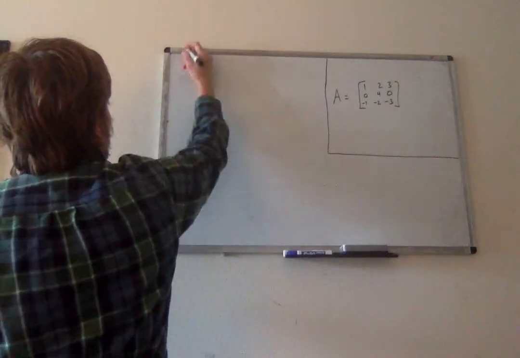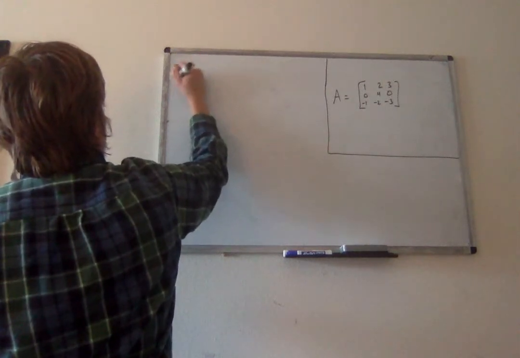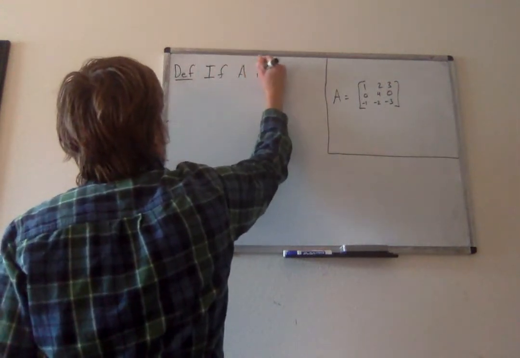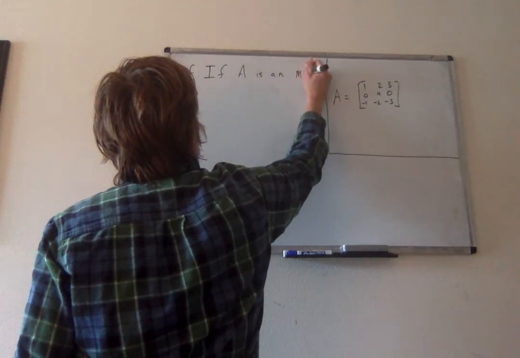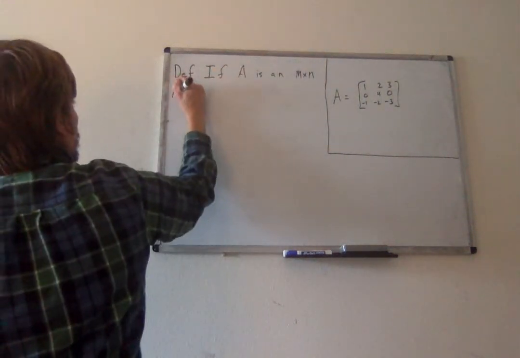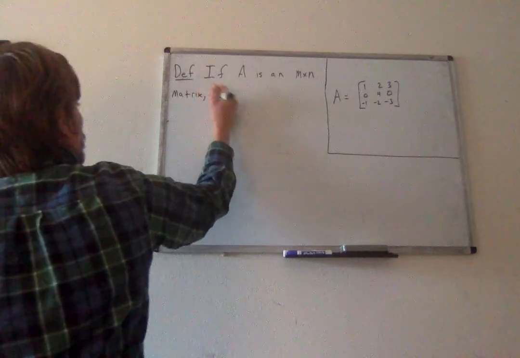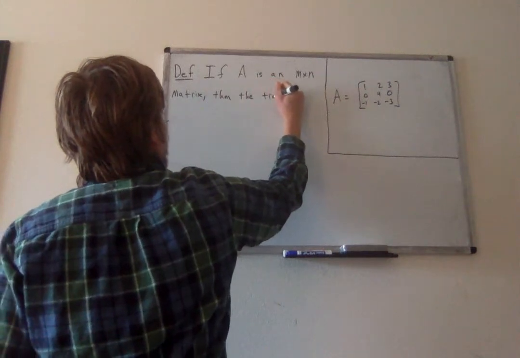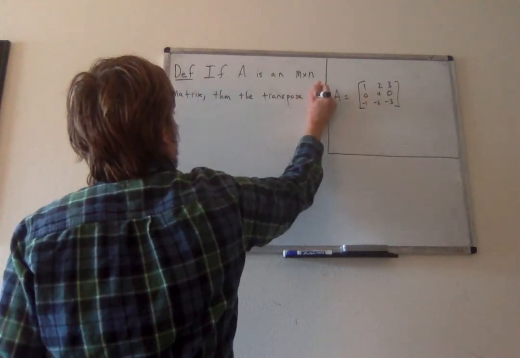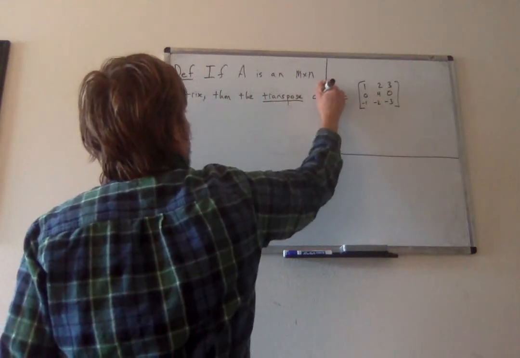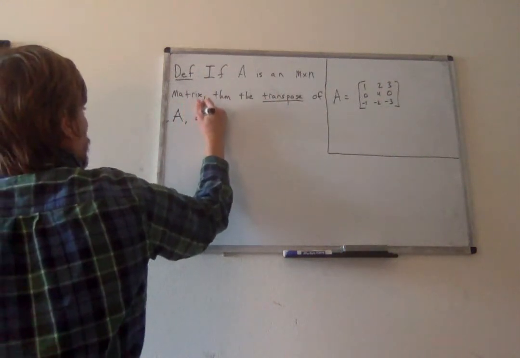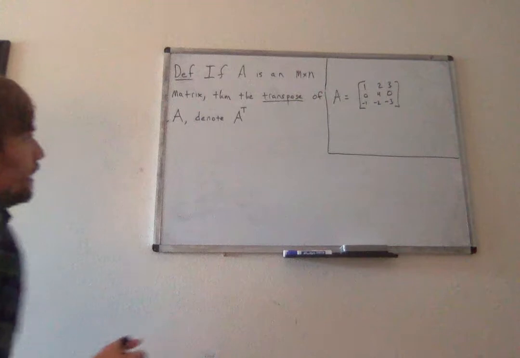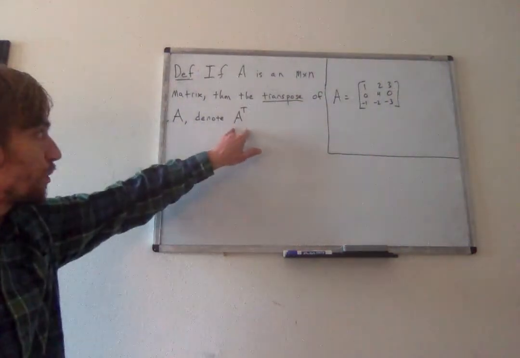So, if A is an M by N matrix, then the transpose of A, which we denote by A superscript T. And so this is where I do apologize for math's choosing of this notation.